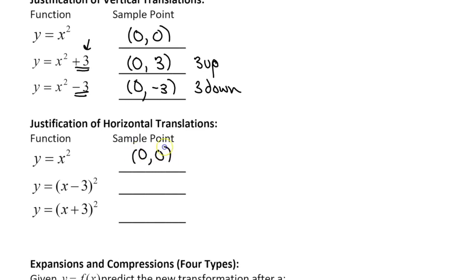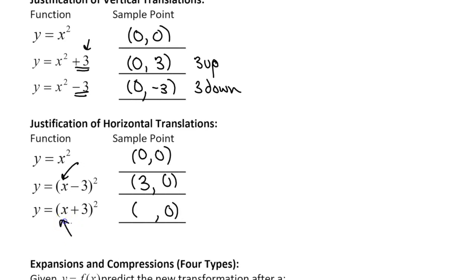But let's pick the point 0, 0 again. If I want to produce a value of 0 for y, what do I need to substitute for x to keep my y value of 0? Right here, if I substitute in 3 minus 3, I would get 0. So when I put in a 3 for x, I produce a y value of 0.